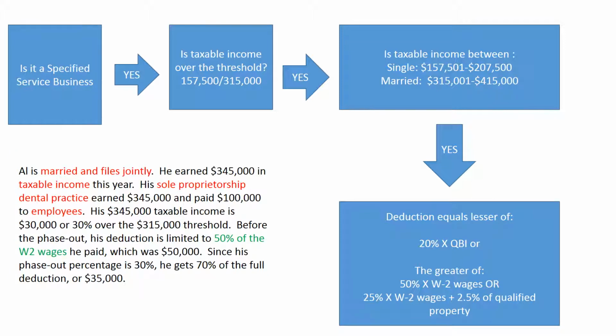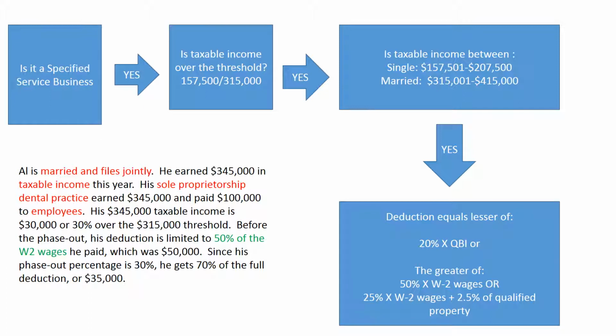To understand the previous example better, let's assume L is married and files jointly. He earned $345,000 in taxable income this year. His sole proprietorship dental practice earned $345,000 and paid $100,000 to employees. His $345,000 taxable income is $30,000 over the $315,000 threshold.